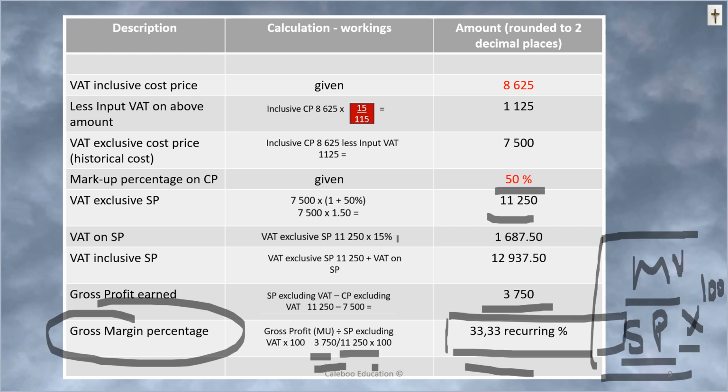So there we got the markup on the selling price, and that was the equivalent markup on the cost price. So in this table here, there are plenty of different calculations. You need to work through it a few times for it to make lots of sense.